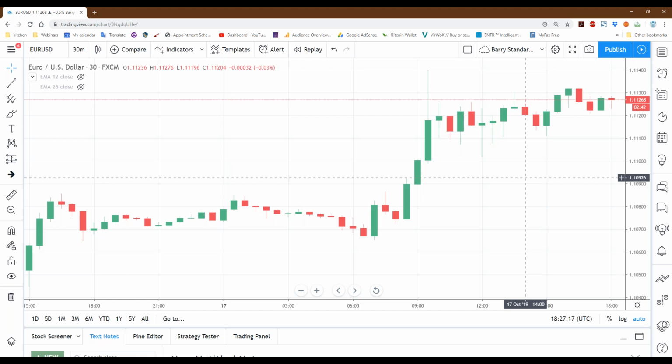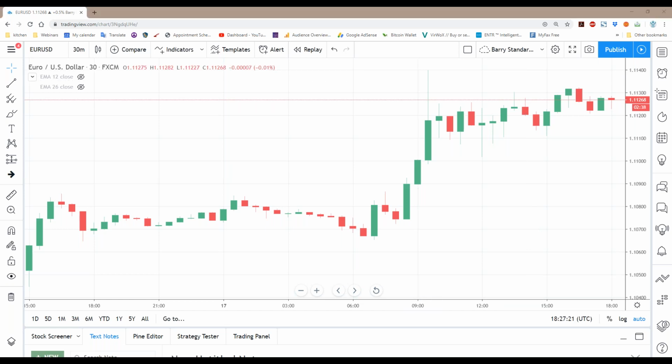It's all about the bodies of the candle, the wicks of the candle, and the placement of the candles, and the combination of candlesticks with the preceding one and the post candle.